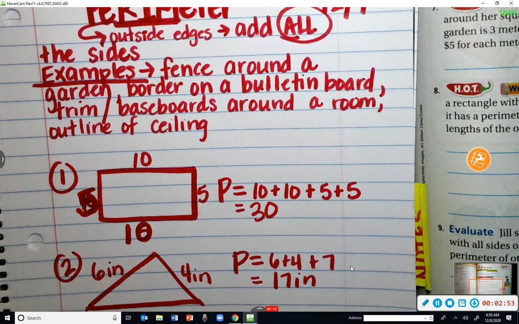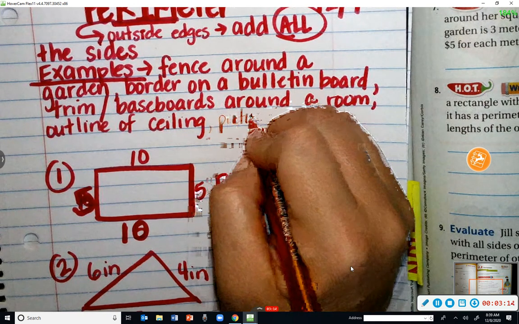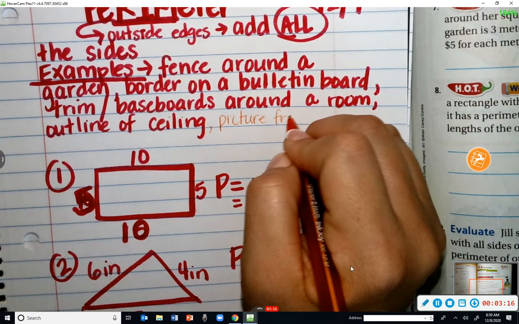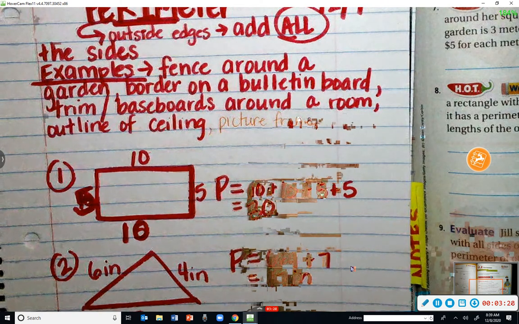What if I am going to put a border around a picture, or a frame around a picture? Was that perimeter? Yes. So a picture frame. Okay, or a frame around artwork.